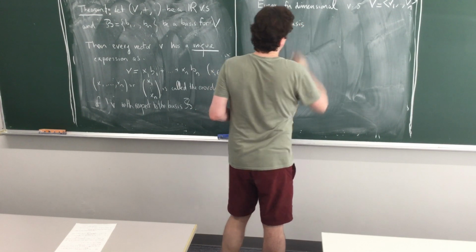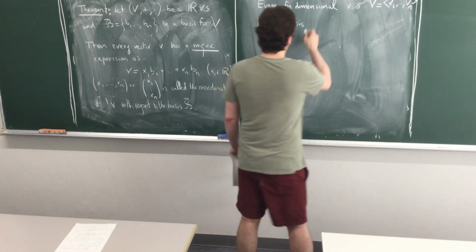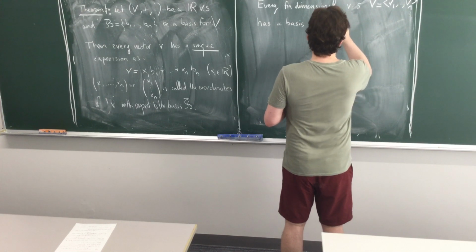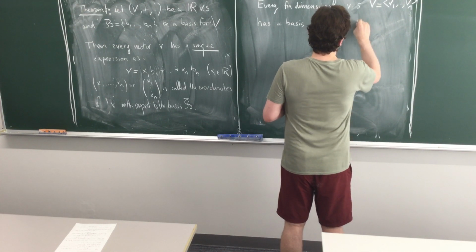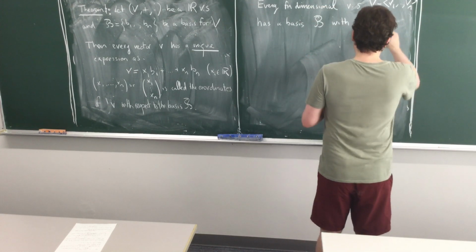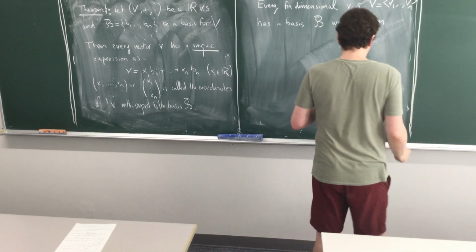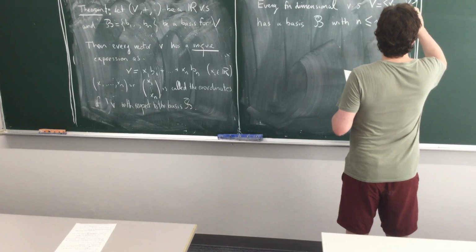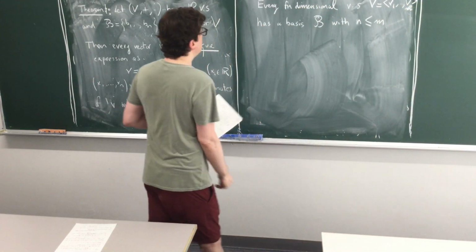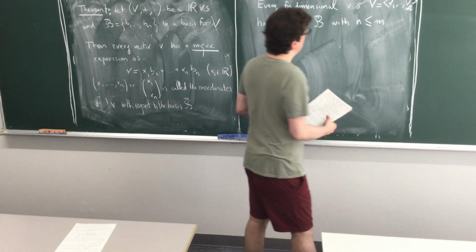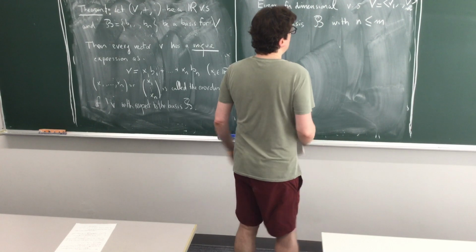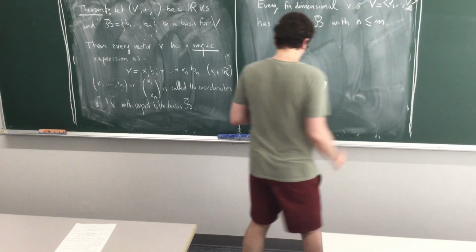So any finite dimensional vector space will have a basis B with n less than m. Sorry, so here it will be vm, and it will have in fact a basis with a lesser number of vectors. Let's call it n.